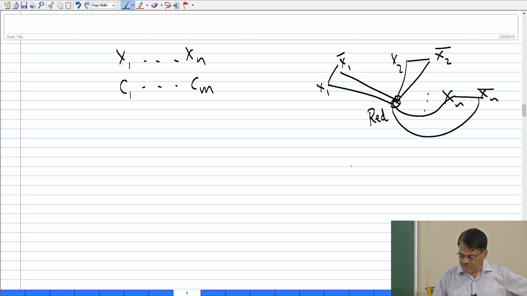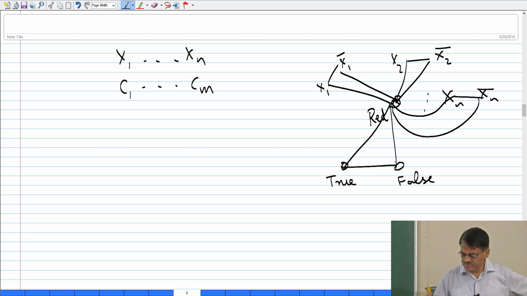I will also have 2 more vertices, true and false. These are just color names, if you want to call them that. Let's say my 3 colors are red, true and false. It will be easier for me to translate it to a satisfying assignment.